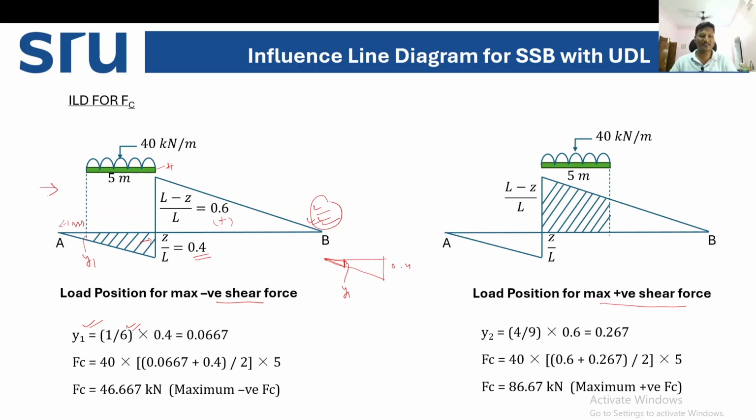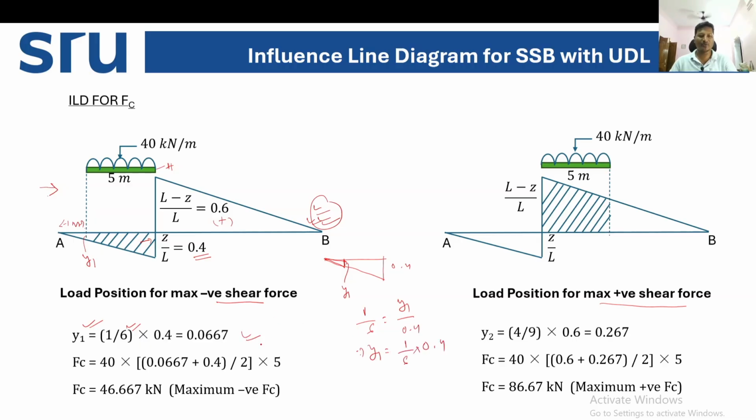So 1 divided by 6 meter is equal to y1 divided by 0.4.